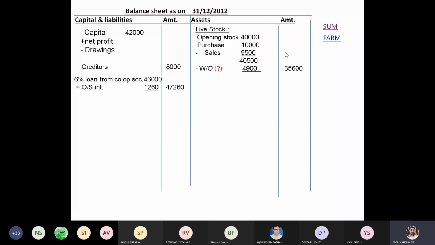So the missing amount, 4,900, is written off during the year of the livestock. Remember, the second effect will also be given for the written off amount of livestock. We will consider later the amount 4,900 debited to the farm account.